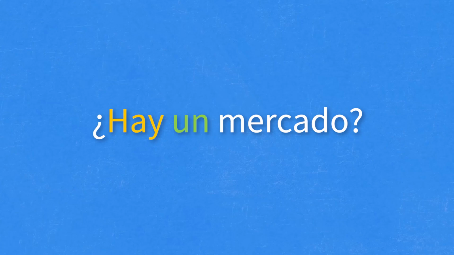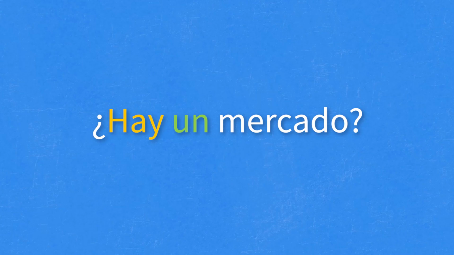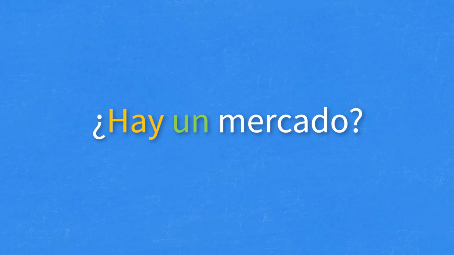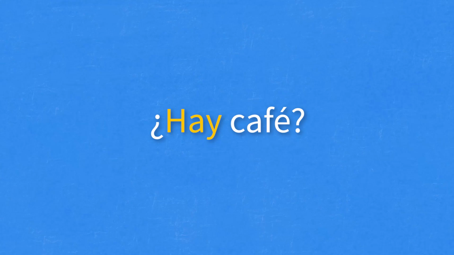Hay un mercado means is there a market? However, this is not always the case. Some nouns like coffee or water are uncountable, so you don't add una or un before them. For example, hay café means is there coffee?